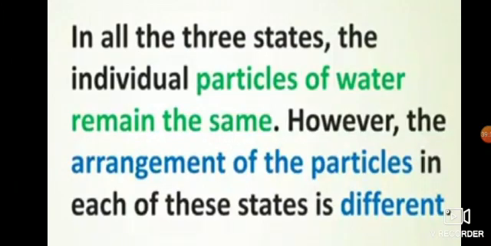Okay, that means the water is the same. The water has the same particle in solid, liquid and gaseous. But the formation, the arrangement is totally different in all the three states. How is it so? You will be thinking, arey, kaisa? How? So let's see now one by one.